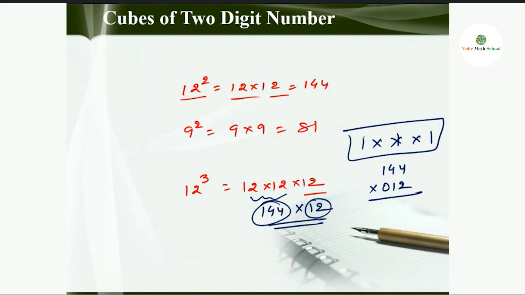Let's start with this step. 4 times 2 is 8. Next step: 8, then 2 fours are 8 and 1 four is 4, so 8 plus 4 is 12. Carry over 1.